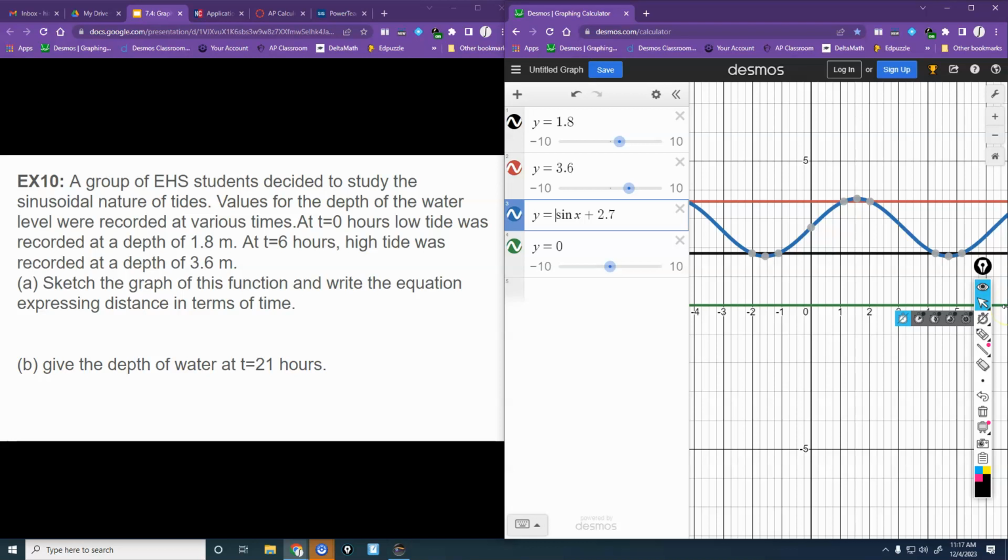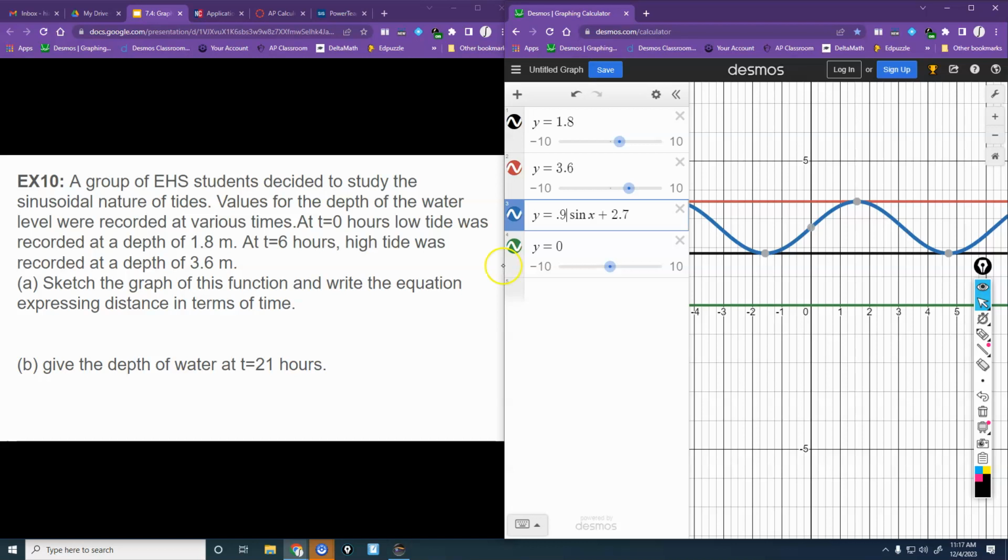If we take our highest minus our lowest, 3.6 minus 1.8, we get 1.8. If we divide that by 2, we've got 0.9 there.